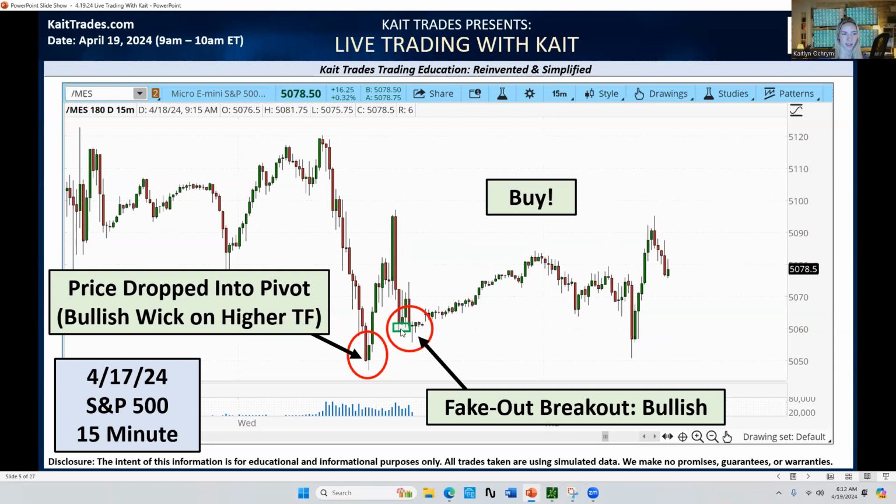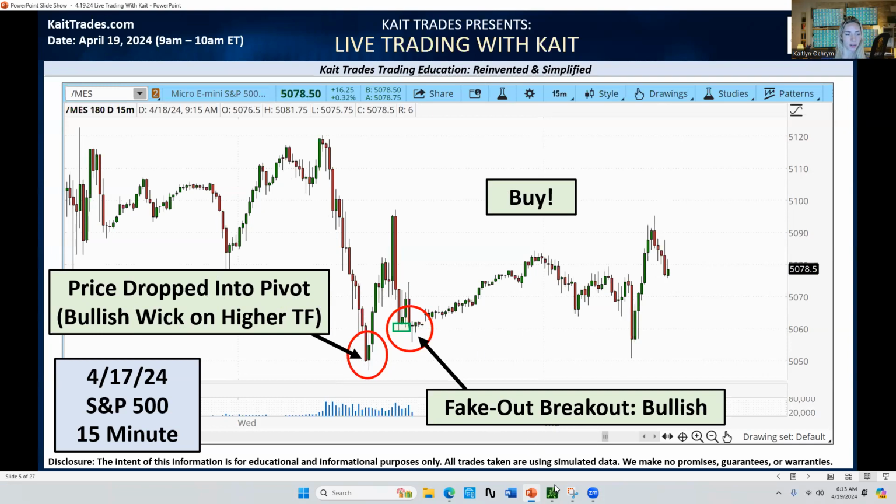So buy the gap up, of course, that fake out breakout is bullish, and then price also dropped into a pivot point. So not sure if many of us know this, but those pivot points where price drops down and reverses like this is actually a bullish wick on a higher time frame.